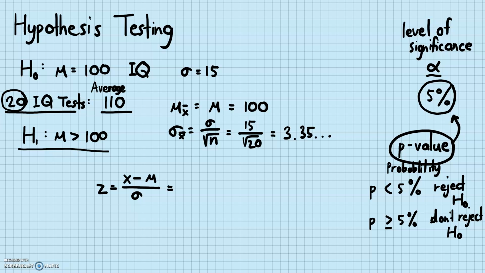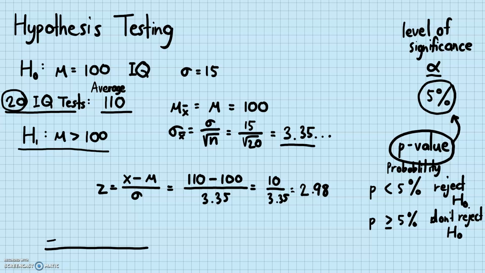So that would be 110 minus 100, divided by the standard deviation here, 3.35. That equals 10 over 3.35, which is approximately 2.98.